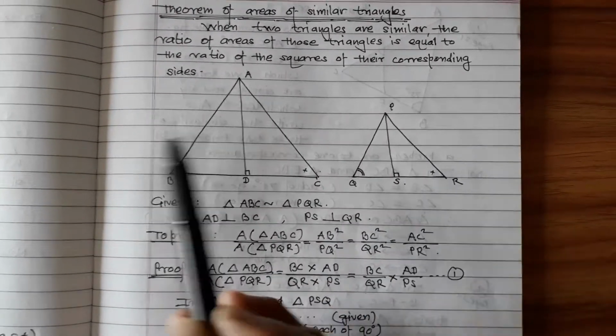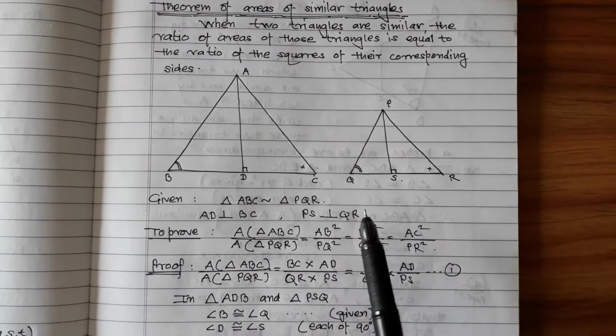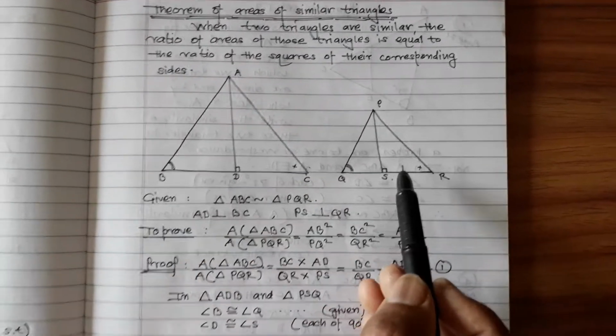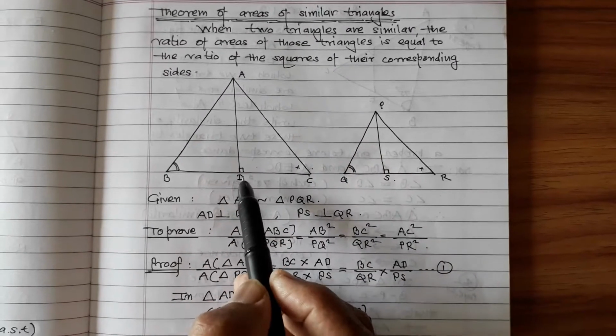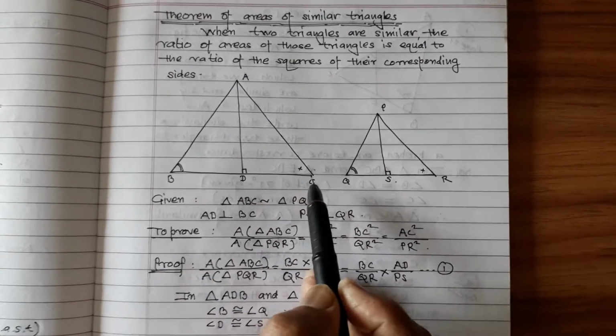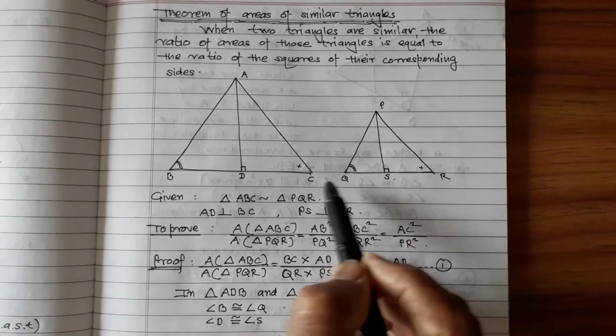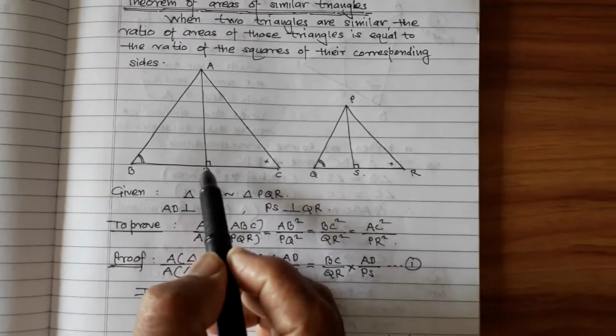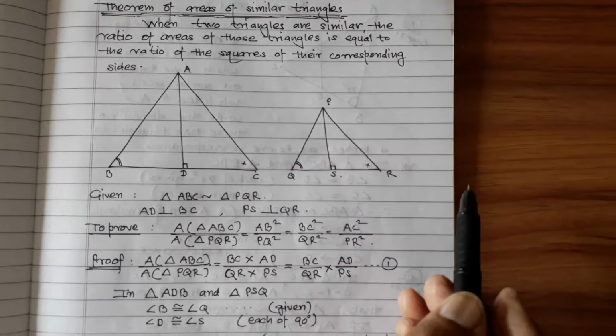Okay, now I will explain the proof. So write down the proof properly. In this figure, AD is perpendicular to BC and PS is perpendicular to QR. That means AD is the height and PS is the height.